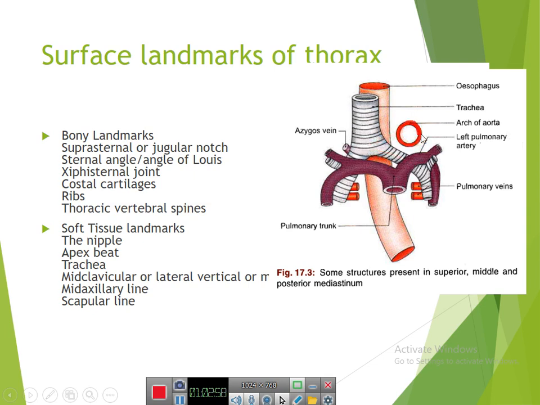And here is the arch of the aorta, arcing from the angle of Lewis from the anterior to the posterior. And we have the pulmonary trunk here that divides into the right and left arteries at the level of the angle of Lewis.